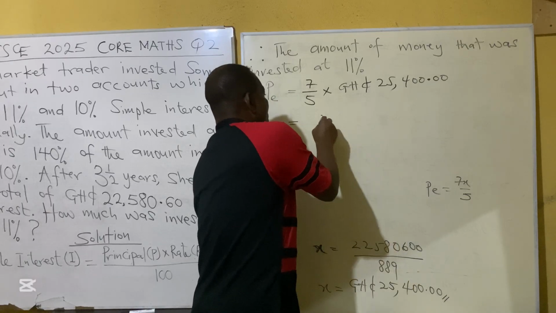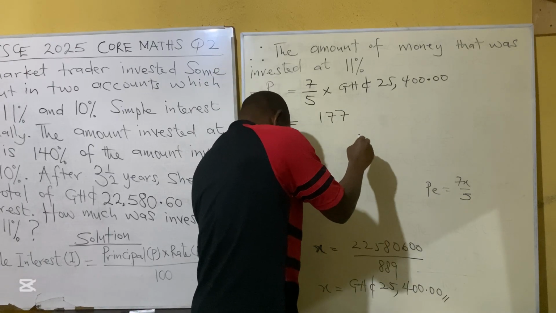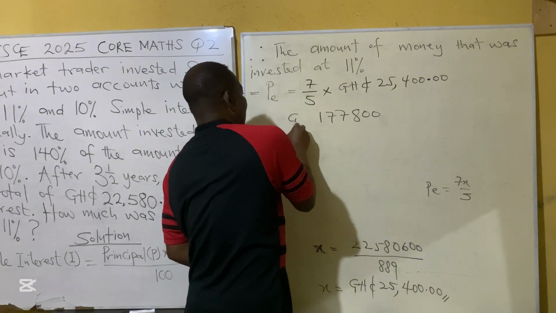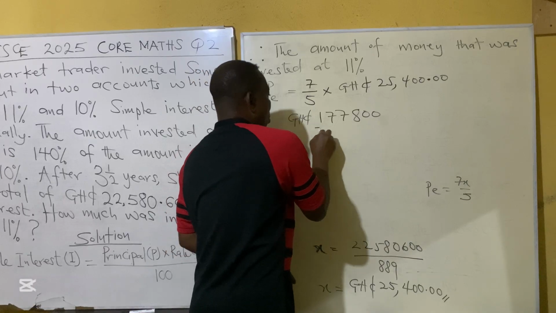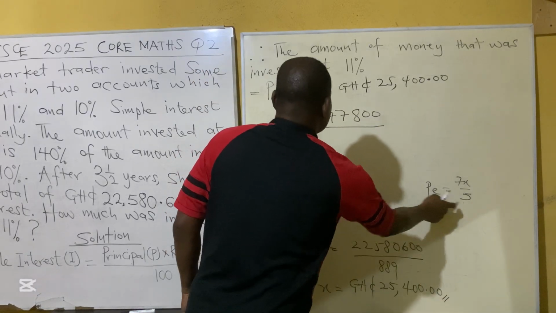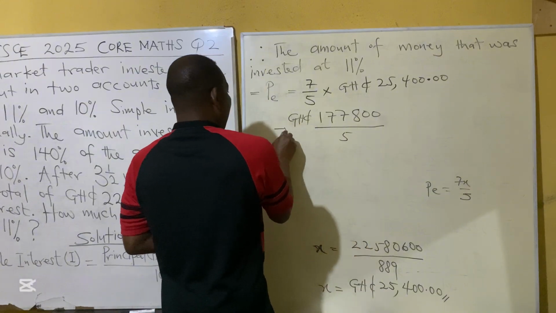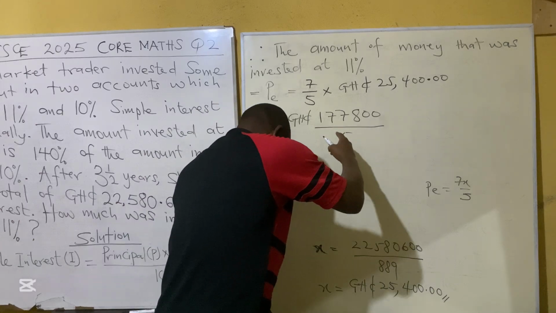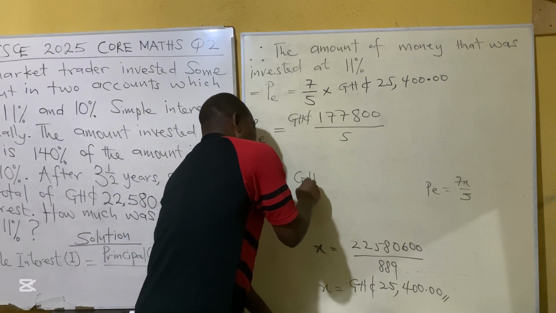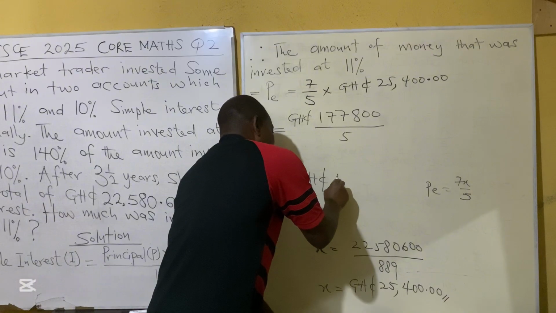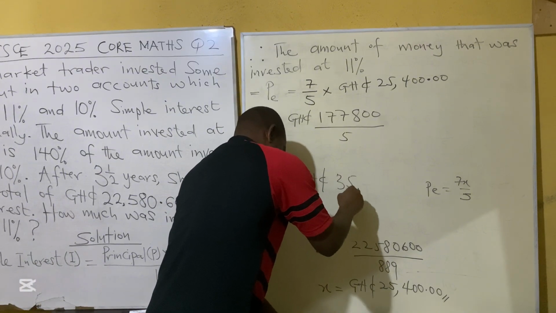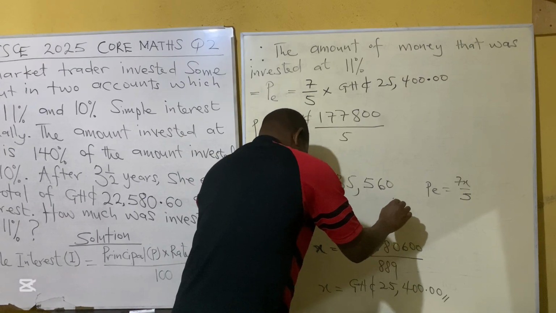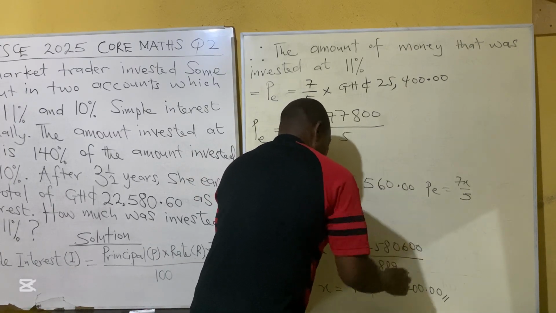We are going to get 177,800 Ghana cedis over the denominator, which is 5. So when we divide this, it's going to give us 35,560.00 Ghana cedis.